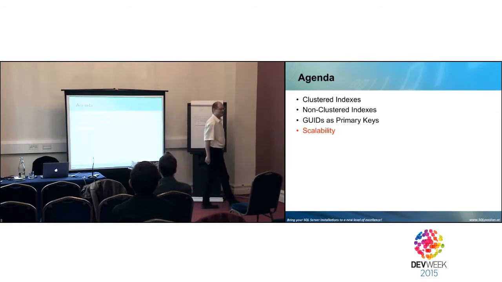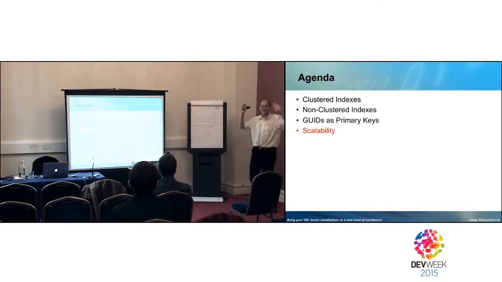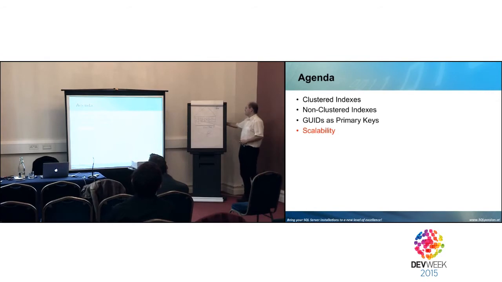Okay. Now we have seen all the disadvantages. The great thing about unique identifier values is that they scale very, very well. When you have an ever-increasing value, like an int identity column that we had here, you have no throughput when you're working with multiple users. Just think about that.